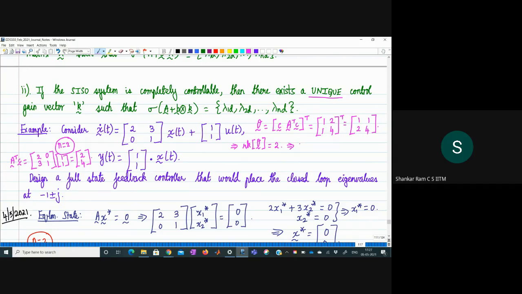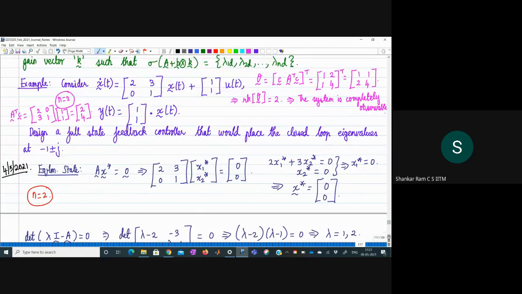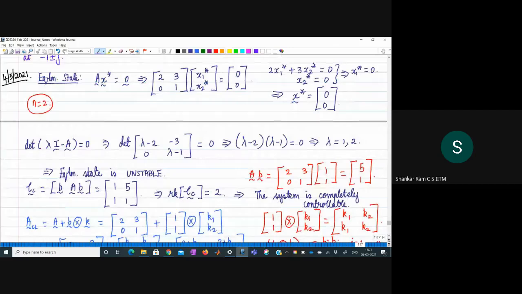So it implies that the system is completely observable. This is how we check for observability. Having ascertained observability, in the previous class we also evaluated that the system is completely controllable.